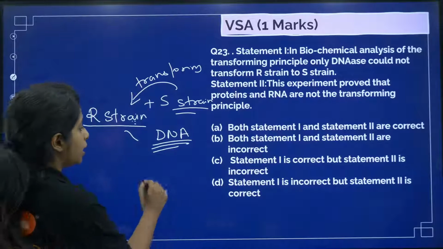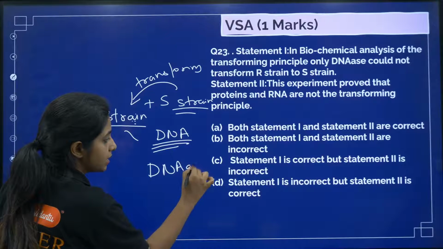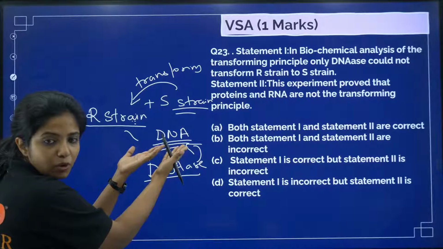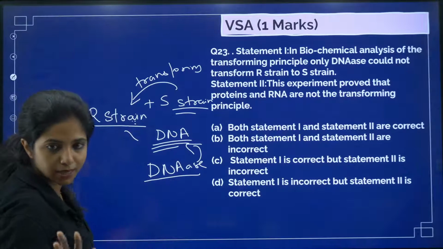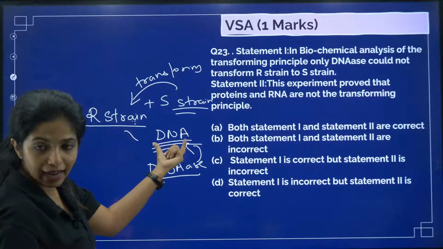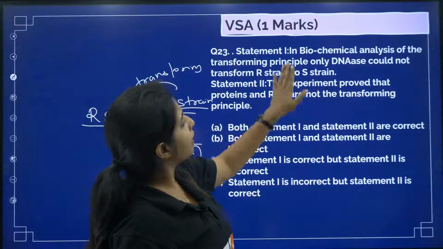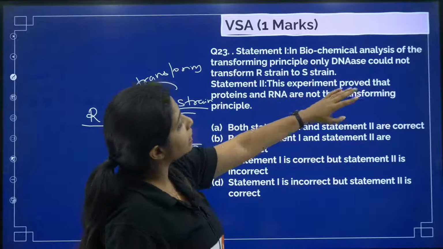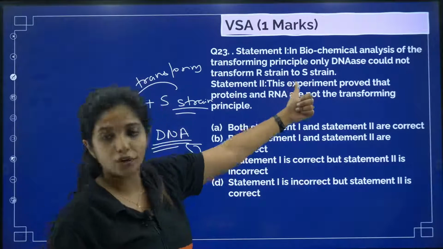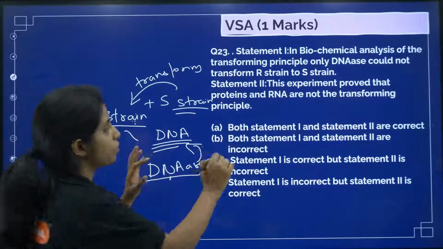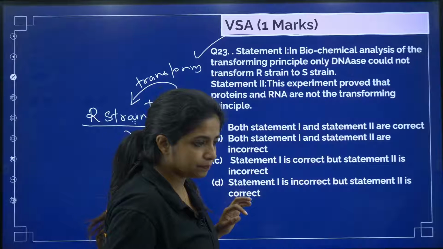Now if I use DNase, that is an enzyme that basically degrades DNA, obviously this DNA would not be there, and hence transformation would not be taking place. DNase will attack this, and obviously this transformation is not going to take place. So yes, that is true. If DNase was there, then there is no transformation. So statement A is correct.